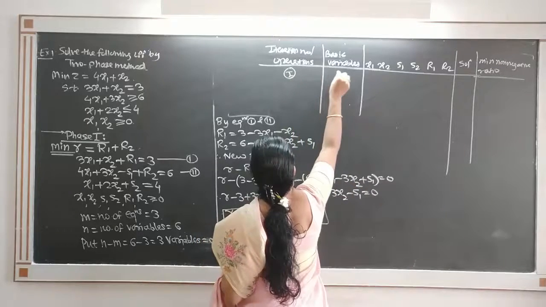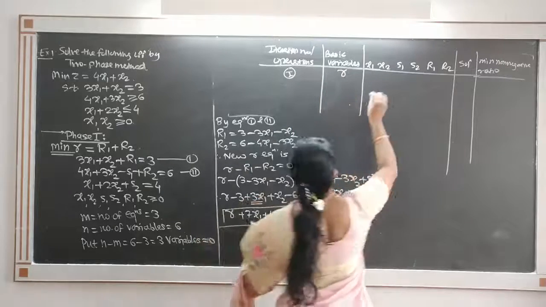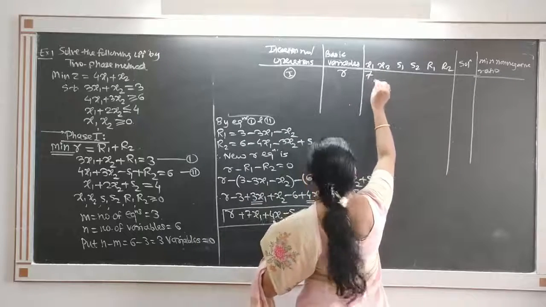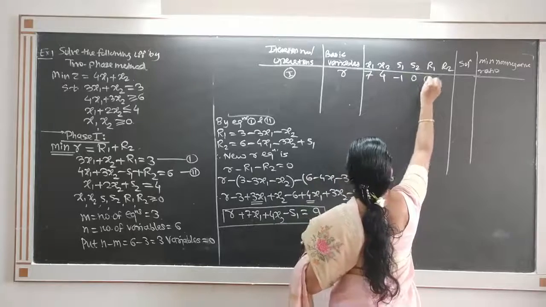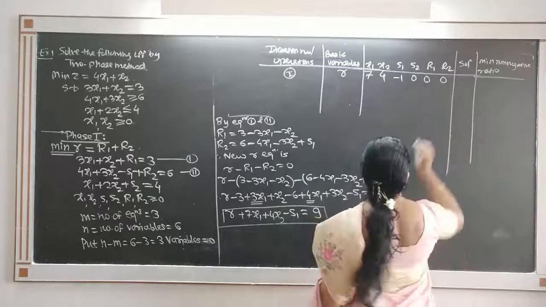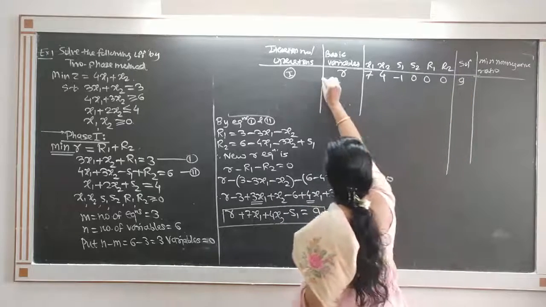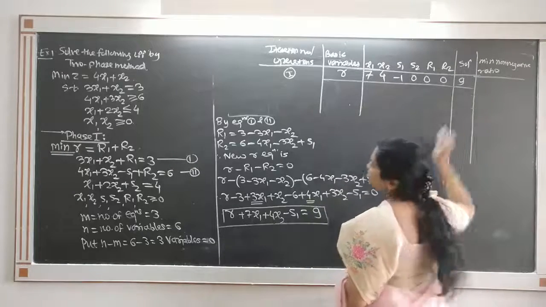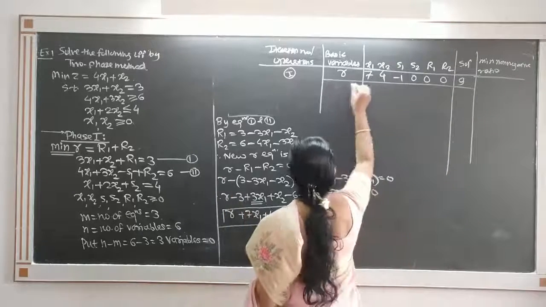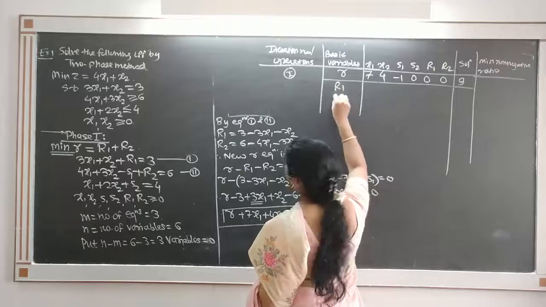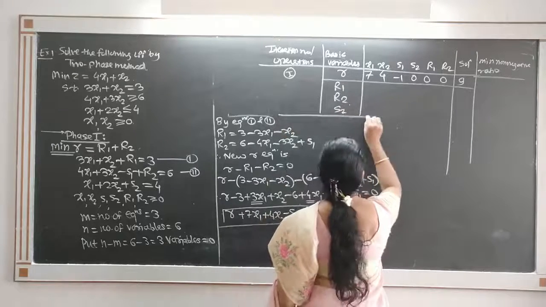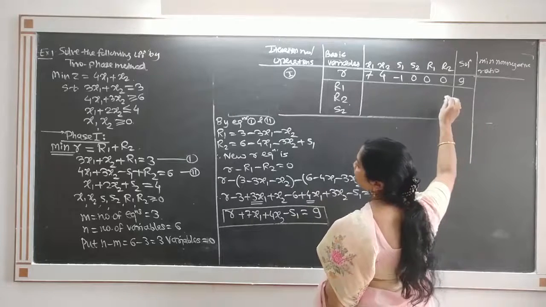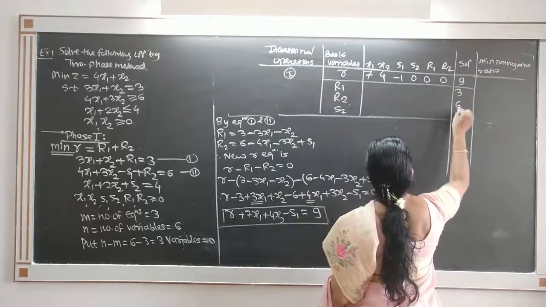In the first table we have the R row: R plus 7x1 plus 4x2 minus s1, with s2, r1, r2 being 0, and solution 9. Now write down the constraints, that is we have three basic variables r1, r2, s2 with the solution 3, 6, 4.